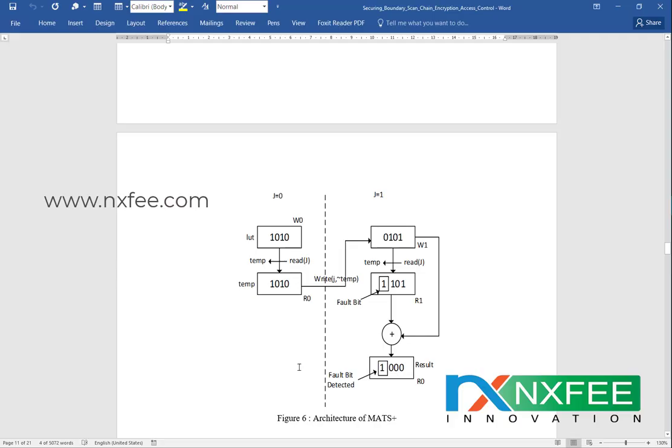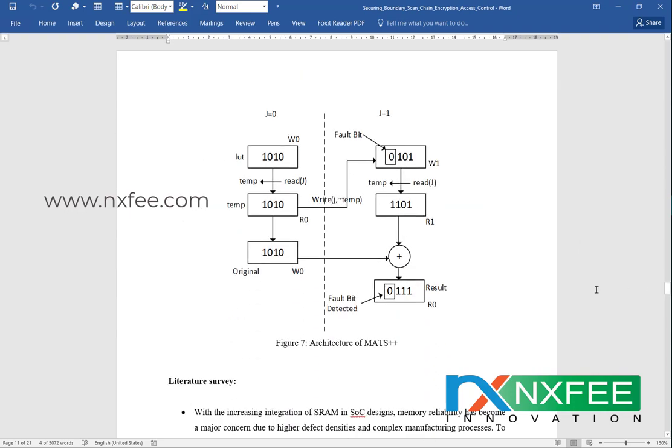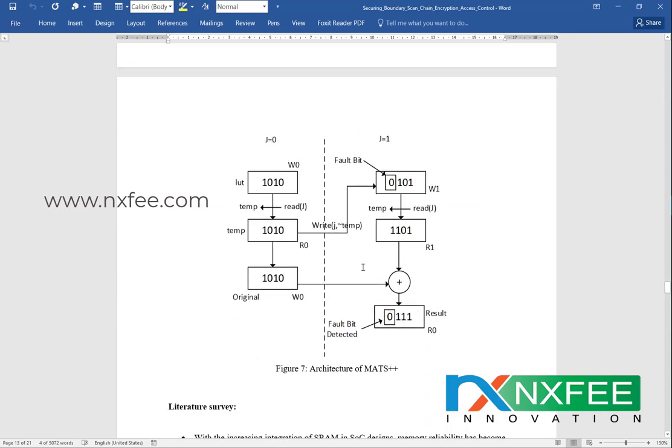It's a simple design for debugging the test algorithms, with less hardware. MATS++ is a little higher compared to MATS+, but compared to the March C algorithm, its number of writing and reading operations is very low. It comes with 2 writing and 2 reading operations. This is the only difference between the March C, MATS+ and MATS++ methods.